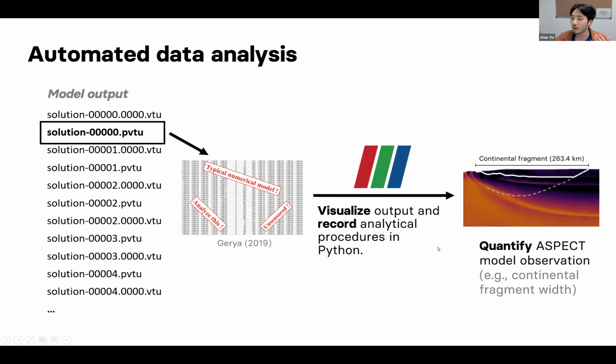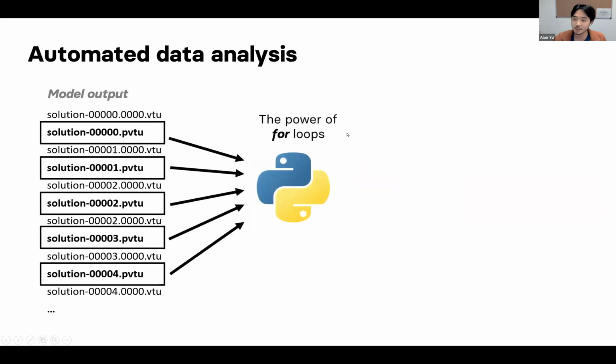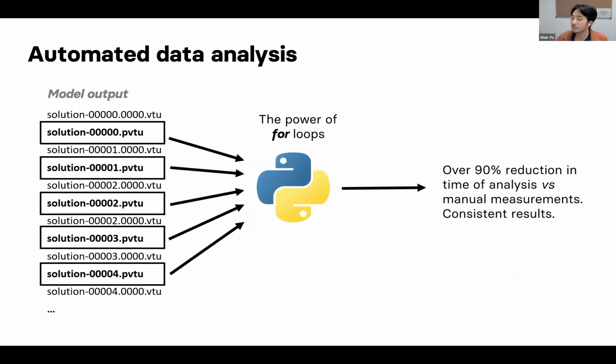And the advantage of using ParaView is that whatever you perform can be recorded in Python. And with the power of Python and for loops, we can then automate through all of these output files. And this, in our case, resulted in over 90% reduction in the time of analysis versus measuring it manually, while ensuring consistent results.